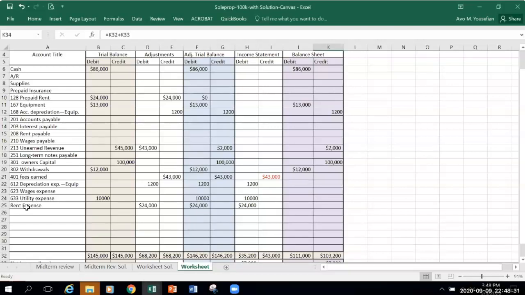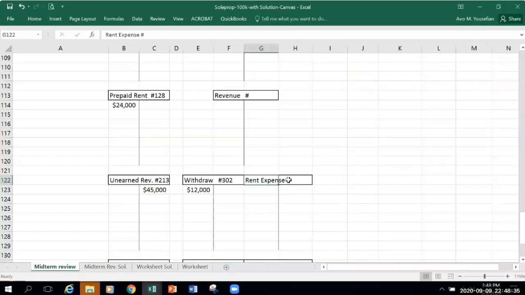So we call it 640, okay? So 640. So in QuickBooks, if you don't have an account, you have to create an account. And you have to make sure that the account number is a proper account number that you want.